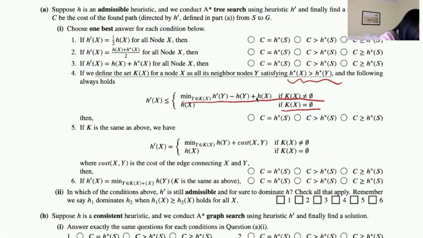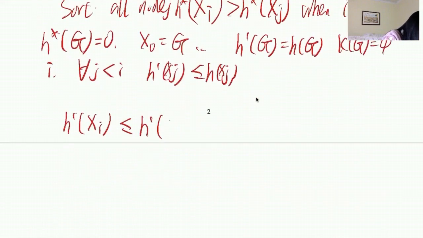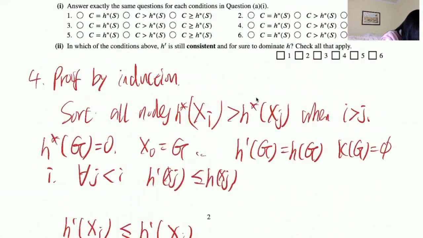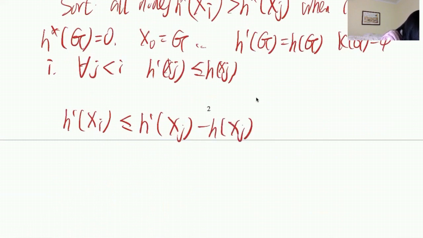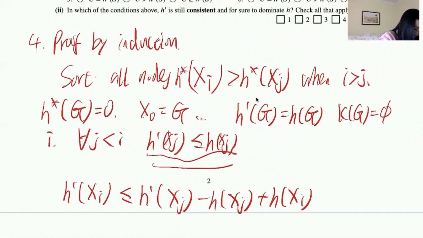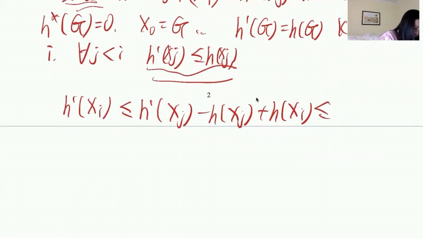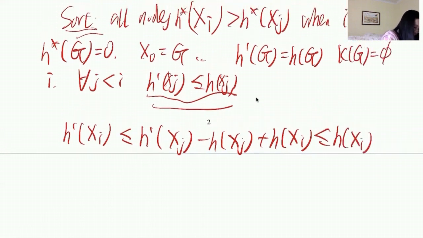By definition, it is defined in terms of H prime of X j, and because we already know that H prime of X j is no greater than H for all the nodes that precede X i in this sorted list, we know that H prime is also no greater than H for X i.